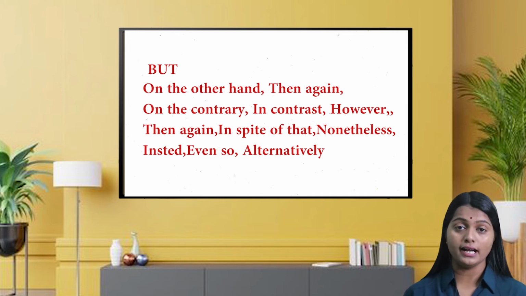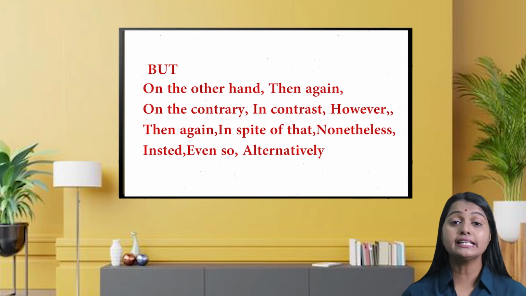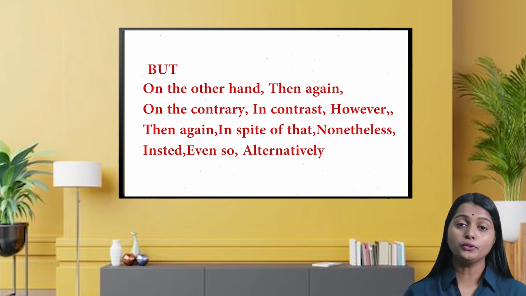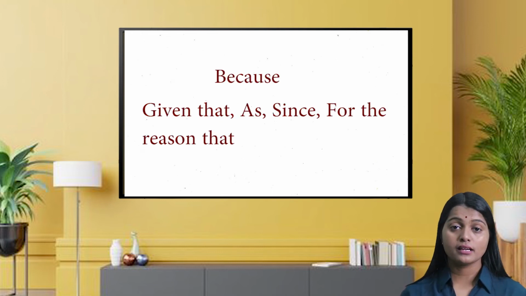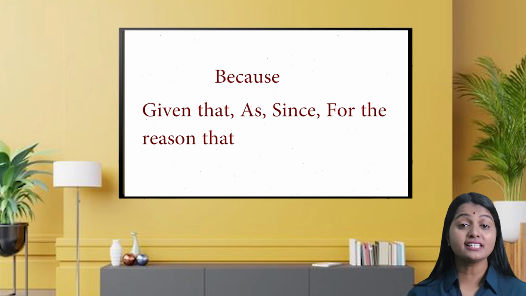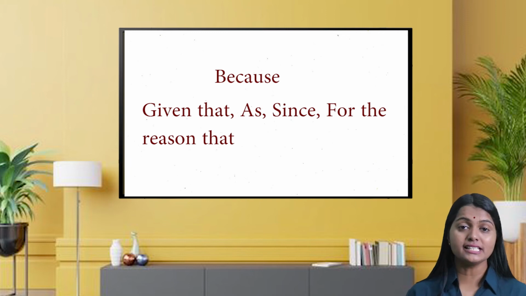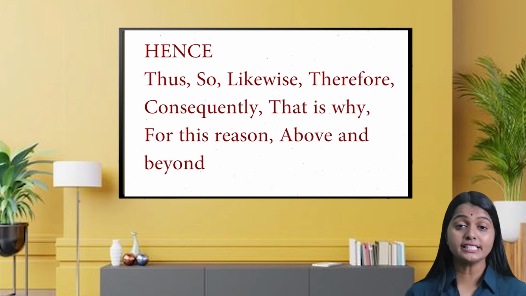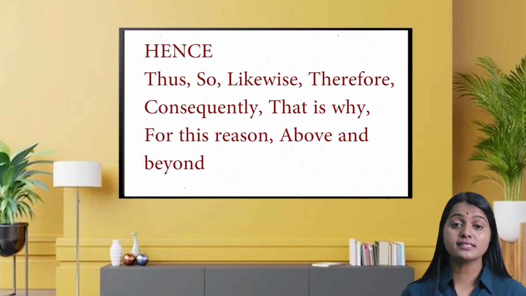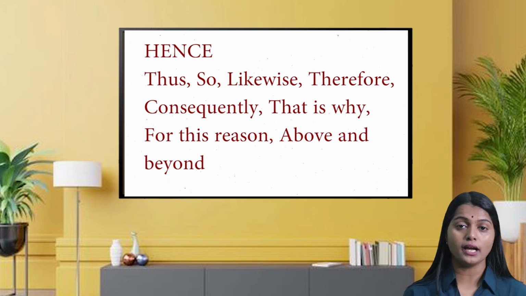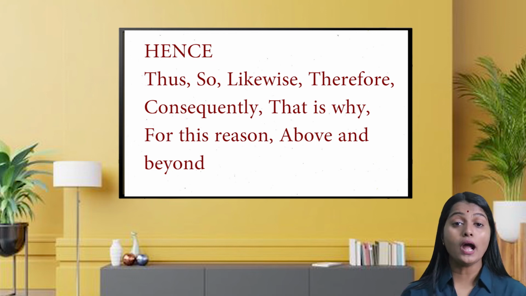They are on the other hand, then again, on the contrary, in contrast, however, in spite of that, nonetheless, instead, even so, alternatively. For the word "or", you can use these words: else, otherwise, instead, as a substitute. As a substitute for "because": given that, as, since, for the reason that. Alternatively, you can use hence, thus, so, likewise, therefore, consequently, that is why, for this reason, above and beyond.